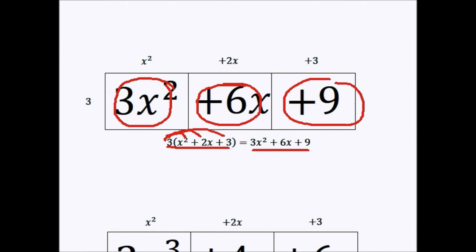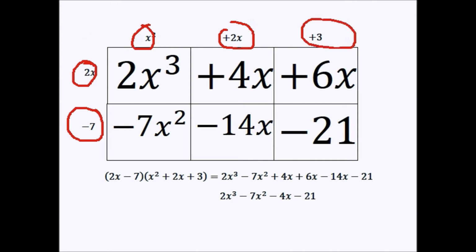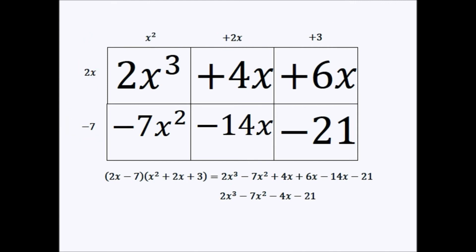Okay, let's see. Next example. If I wanted to do a binomial, 2 terms, and multiply it to a trinomial, 3 terms, I could do that as well. So 2x times x squared is 2x cubed. 2x times positive 2x is just 4x squared. 2x times 3 is 6x.